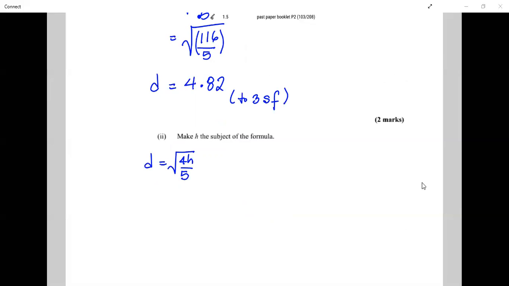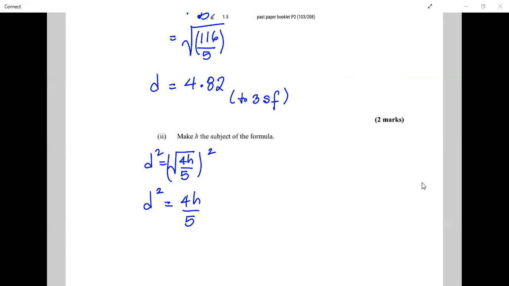The first thing I need to do is to get rid of the square root sign. And how I'm going to do that, I'm going to do the opposite of square root, which is the square. So I'm going to start by squaring both sides. So now I'm going to have d squared is equal to 4h over 5.